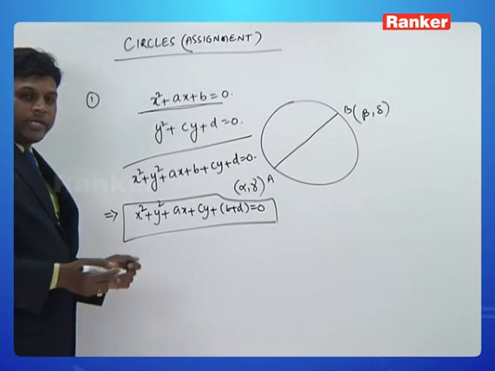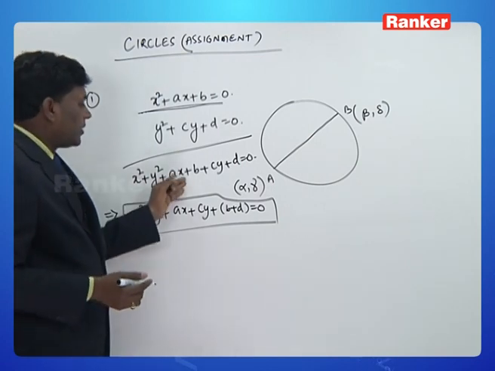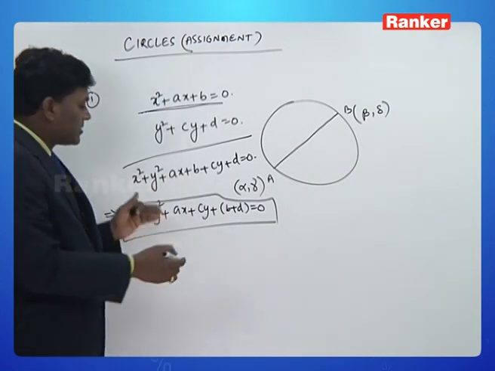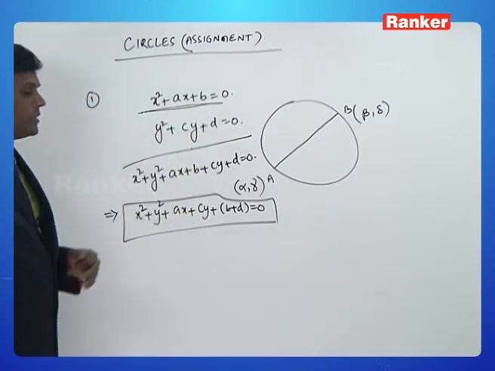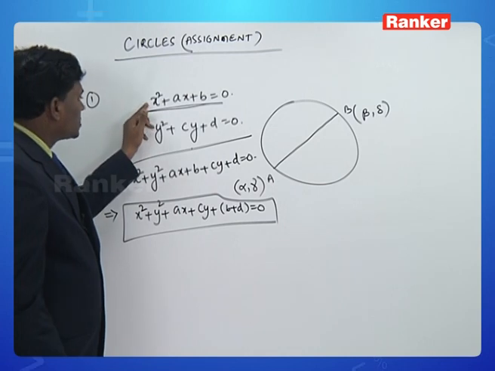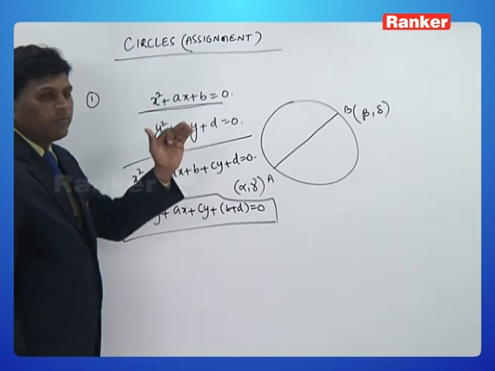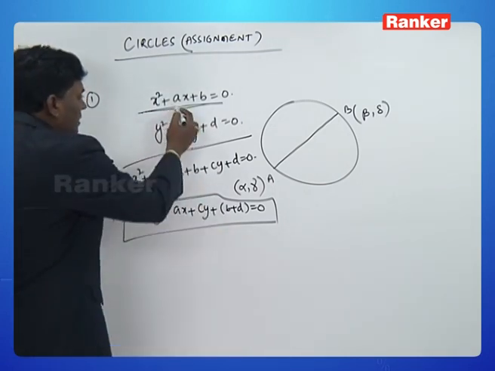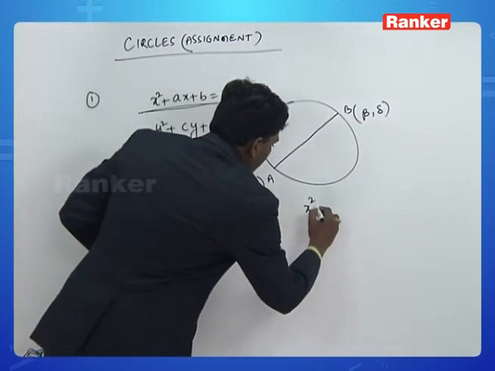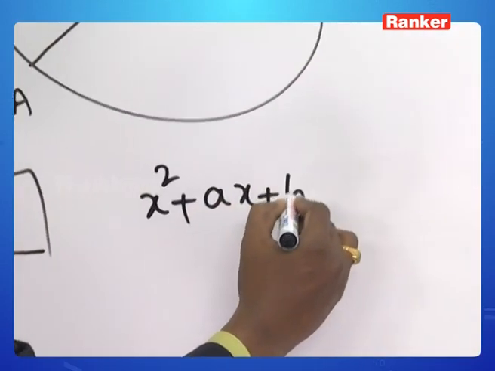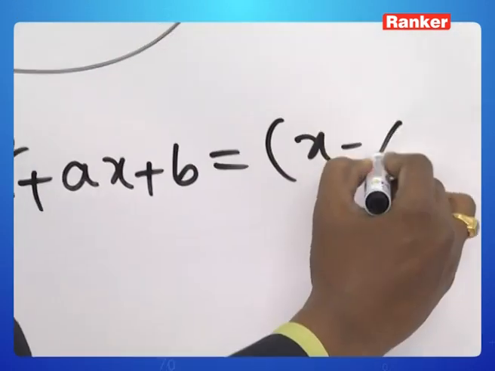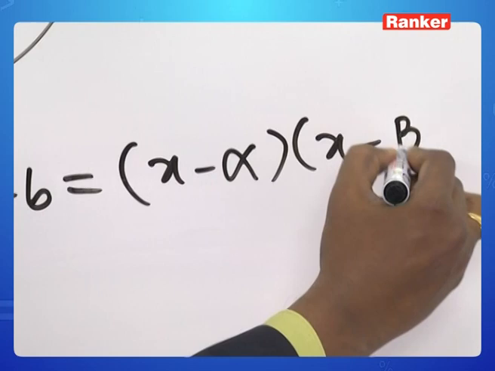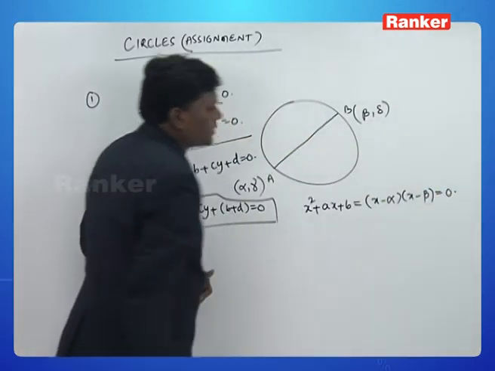Now let us see the concept and logic behind this, how we are getting the answer directly by adding the given two equations. It is given that roots of the first equation are alpha and beta. So we can write this equation as x square plus ax plus b equals to x minus alpha into x minus beta equals to 0.